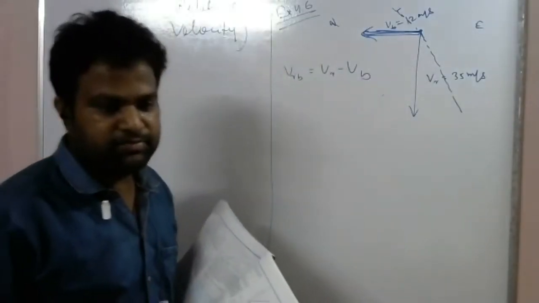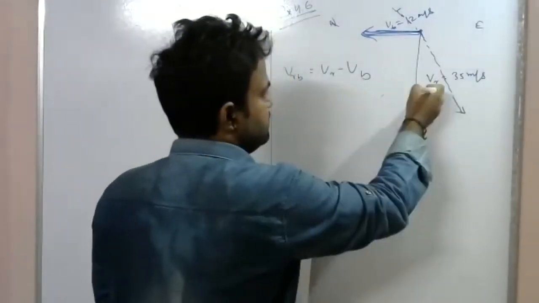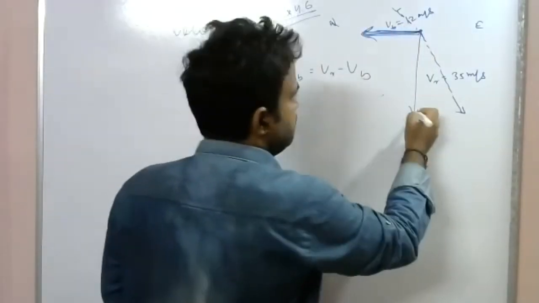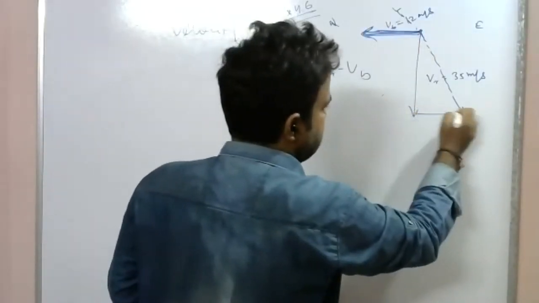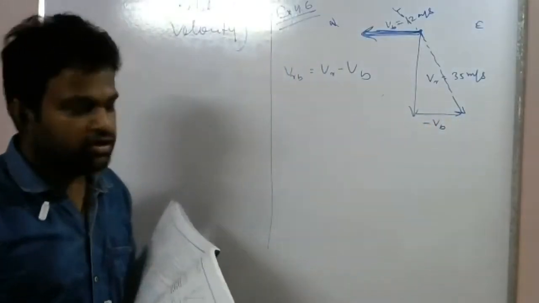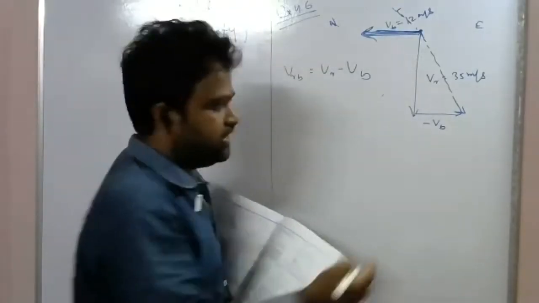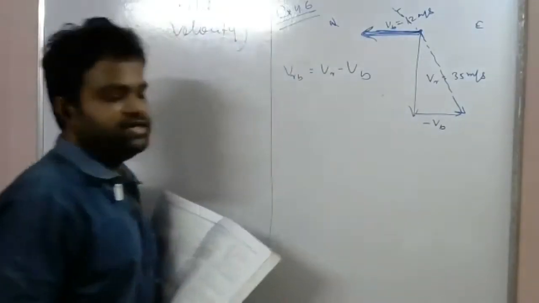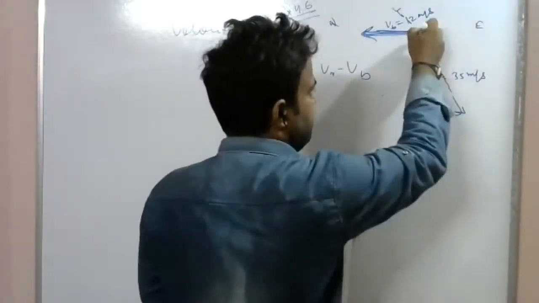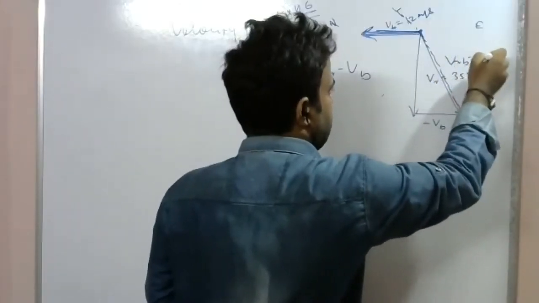This is your VR, this is your VB, the bicycle. If I write it here, this is minus VB, because if you write the vector in the opposite direction, it will be negative. So minus VB, and this is your VR. What will be this resultant? This is VRB, which is VR minus VB.